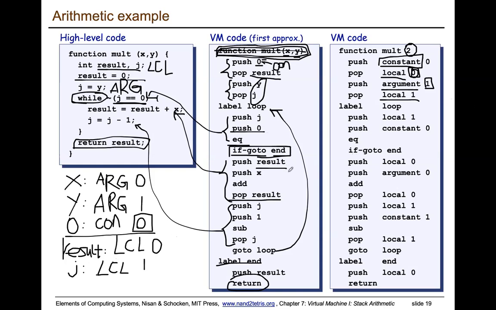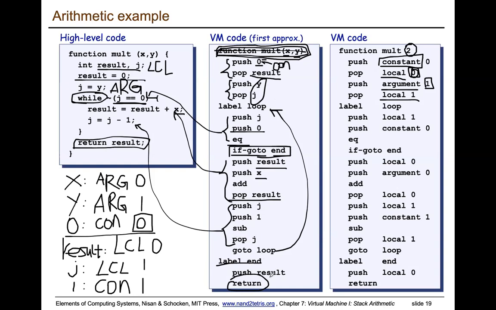It's local 0. X, okay, x is argument 0, right? It's already here. So result is local 0, j is local 1, then 1. This is a constant, right? So I will put constant 1. And then move forward, j is local 1, and then result is local 0.